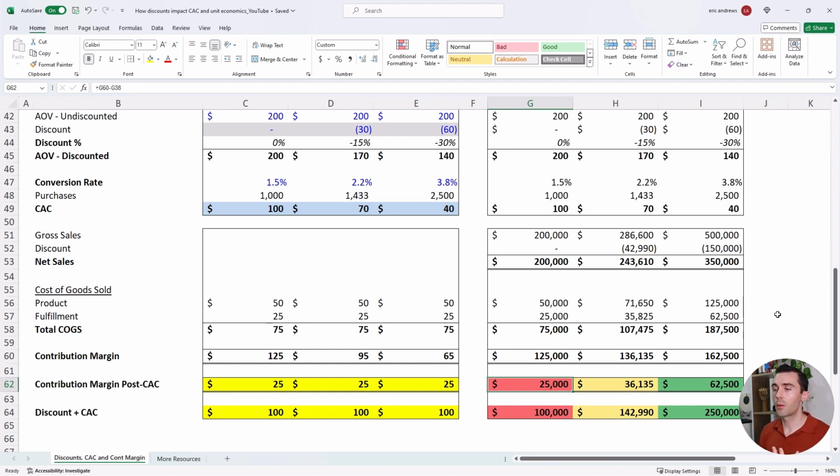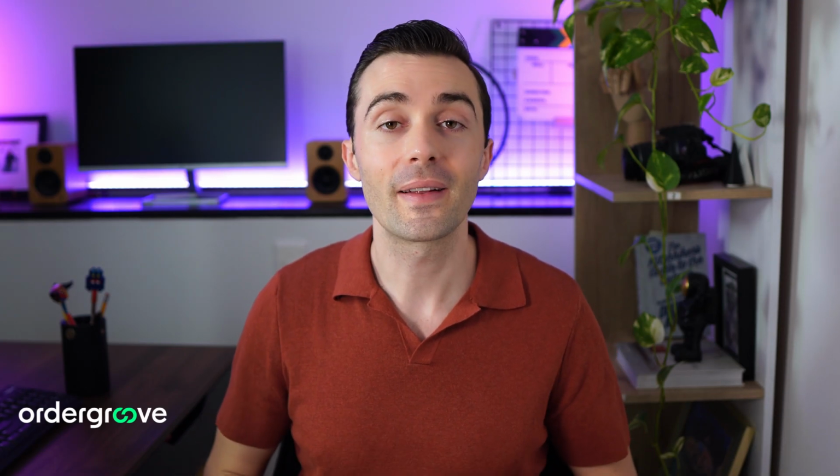So we want to figure out what's the optimal split to maximize the sales and the profit of our business. So I think whoever's running marketing should be thinking about the business holistically and figuring out, okay, where do we allocate these dollars? Understanding the unit economics behind discounting is key to scaling e-commerce businesses profitably.